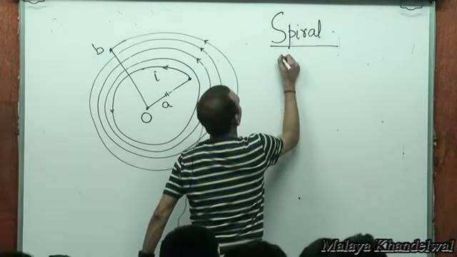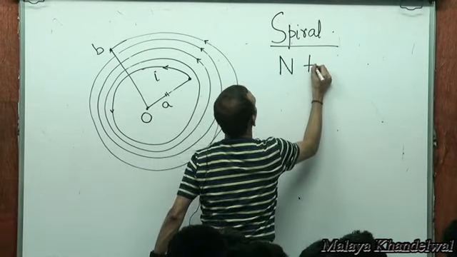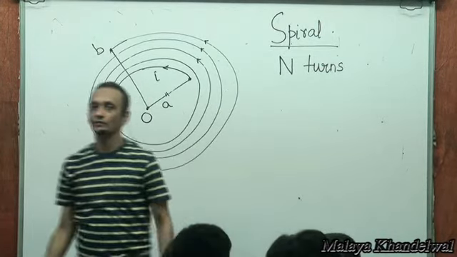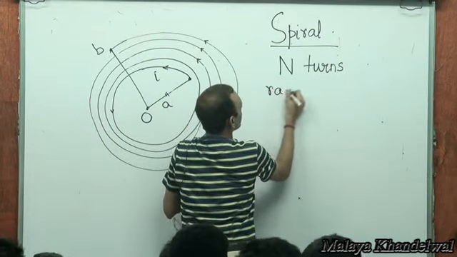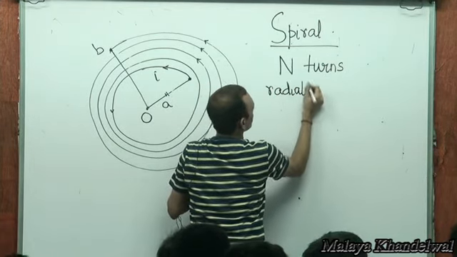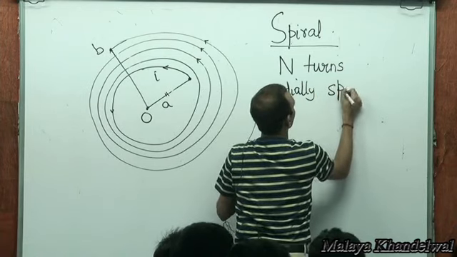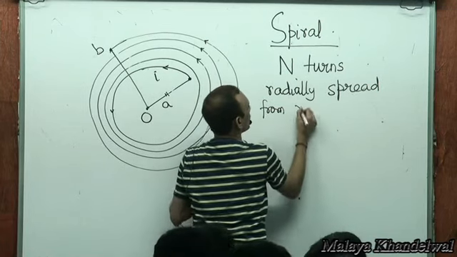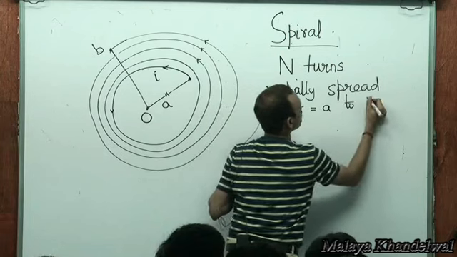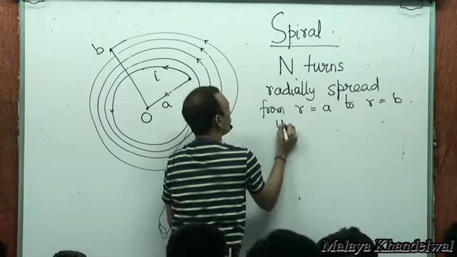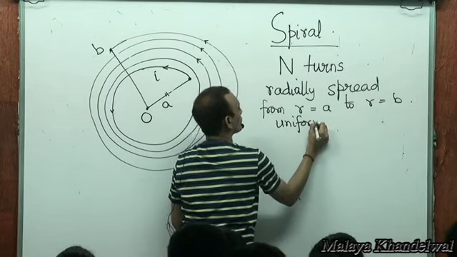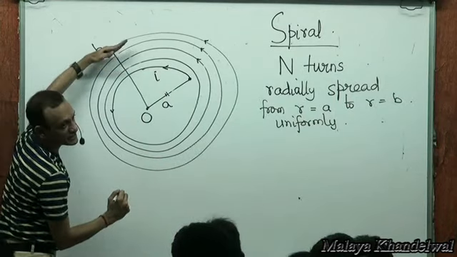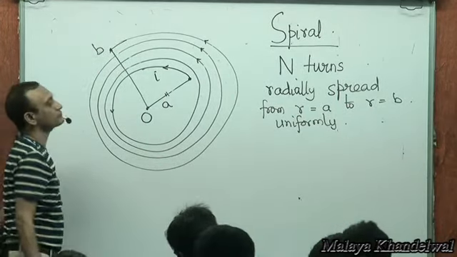And there were, say, n turns of the spiral, radially spread from r equal to a to r equal to b uniformly. In the radial direction, if you move, you would find n turns, right?